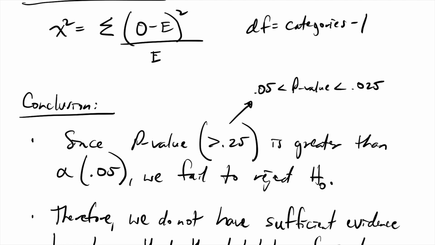Would we reject or fail to reject this guy? Can't do both. So let's say I had this one instead of this guy here. Would we reject or would we fail to reject? We would reject.